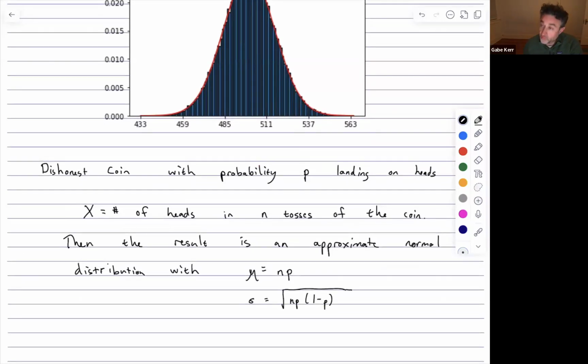And so from this result, you can calculate all kinds of interesting phenomena.